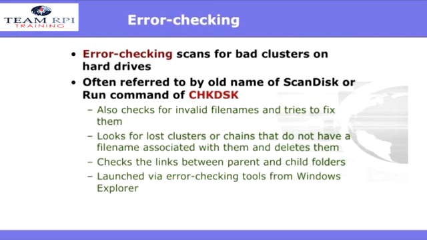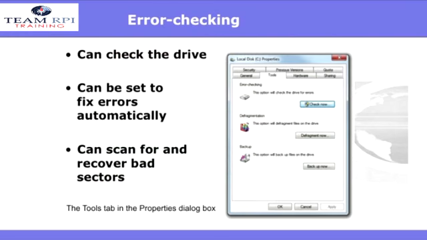It also checks for invalid file names and looks for lost clusters or chains that do not have a file name associated with it. Right-click on your C drive, navigate down to Properties, and then select the Tools tab. From here, you can check the drive, you can set it to fix errors automatically, and you can scan for and recover bad sectors.